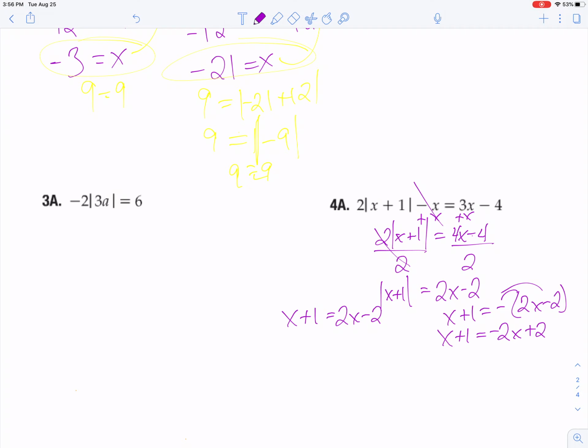All right, now solve. So I'm going to subtract x. Oh, I'm sorry guys, I keep getting distracted. That should have been a 1 here.